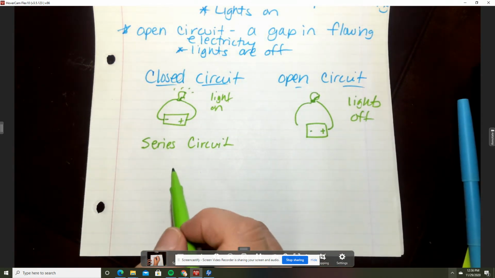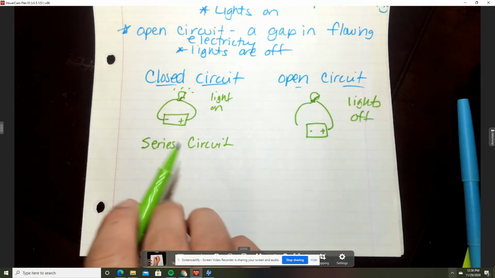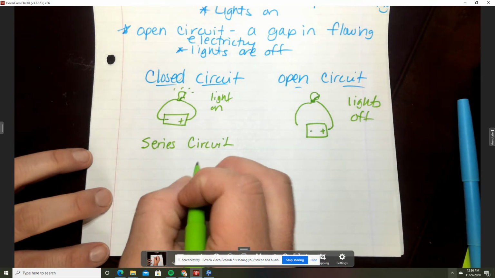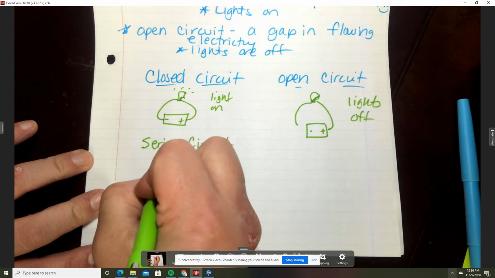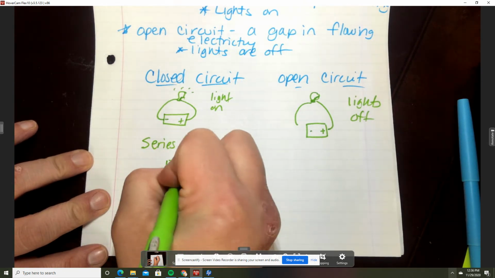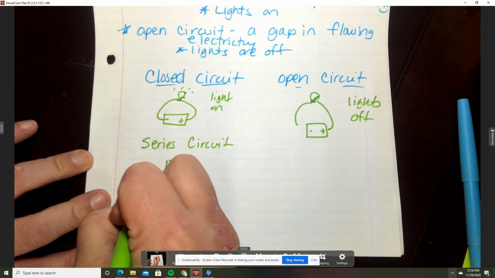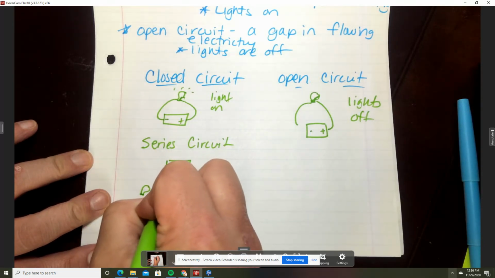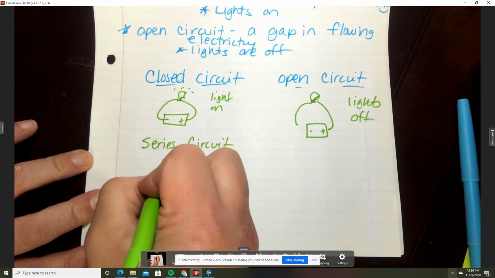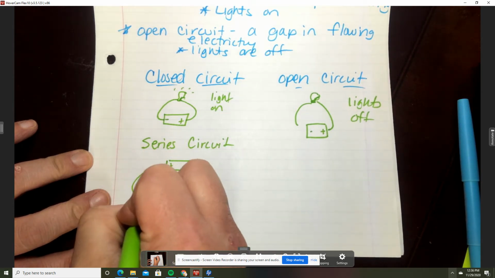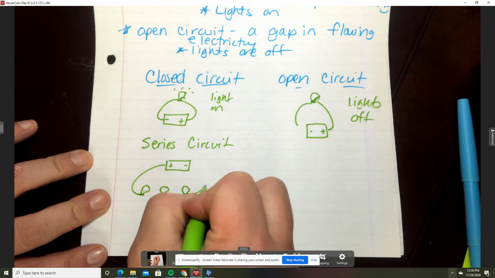A series circuit, you can have a closed series circuit or an open series circuit. And what that means is a series is like a strand of Christmas lights, where you have one power source, and then you have maybe several light bulbs lined up.